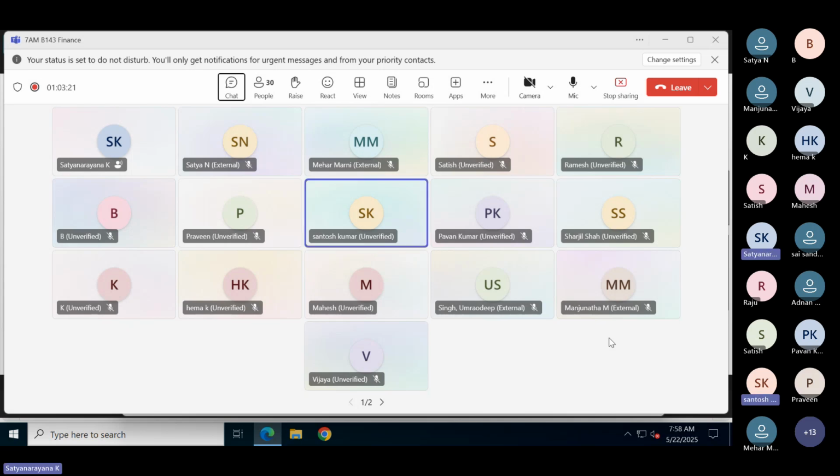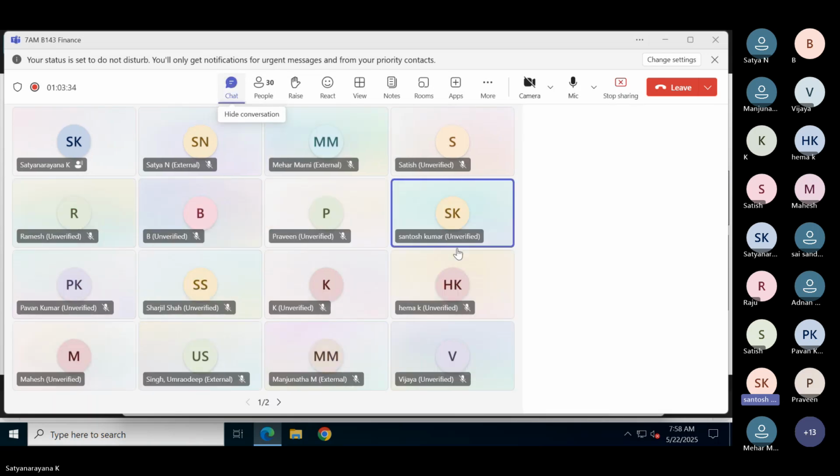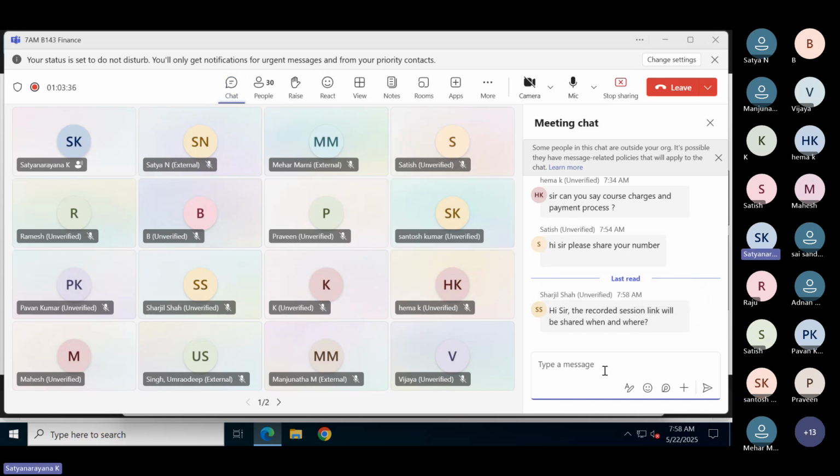But after Monday, you need to pay the fee, then only it will continue. Otherwise, it will be discontinued. Your class will start immediately after these demo classes. Today was the first day; tomorrow it will continue.